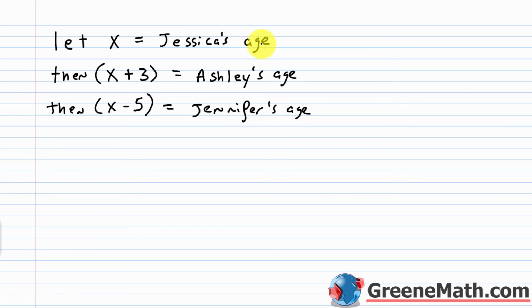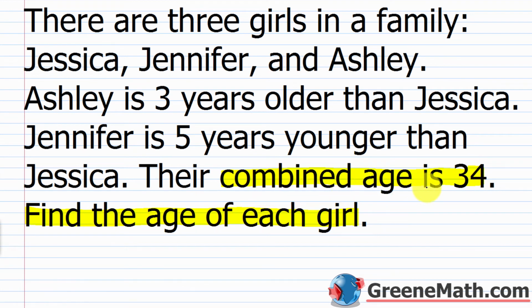All right, so in the next step, we're asked to set up an equation. So how do we set up an equation here? Well, again, just like we saw in the last problem, we have the sum of the individual amounts that are going to be equal to something. So if we look at the problem again, we're told that their combined age is 34.